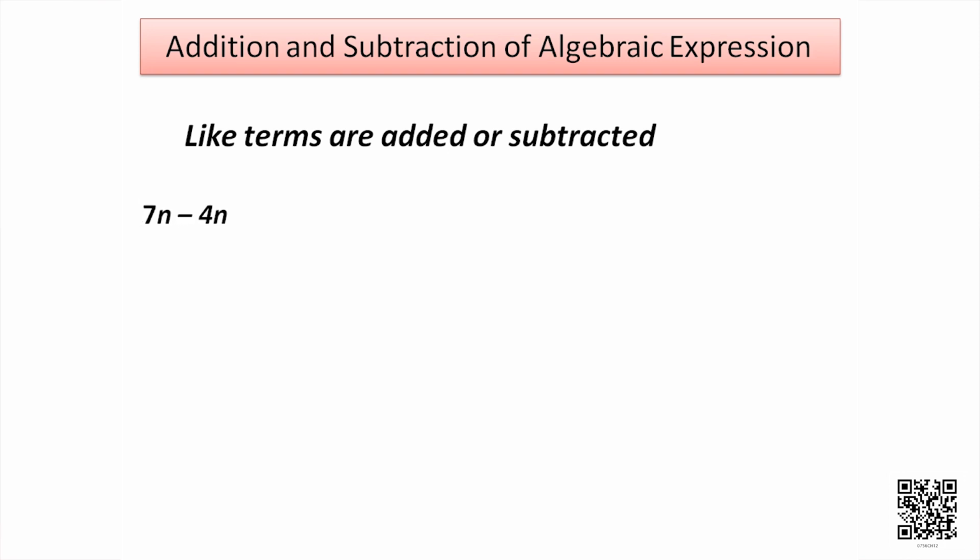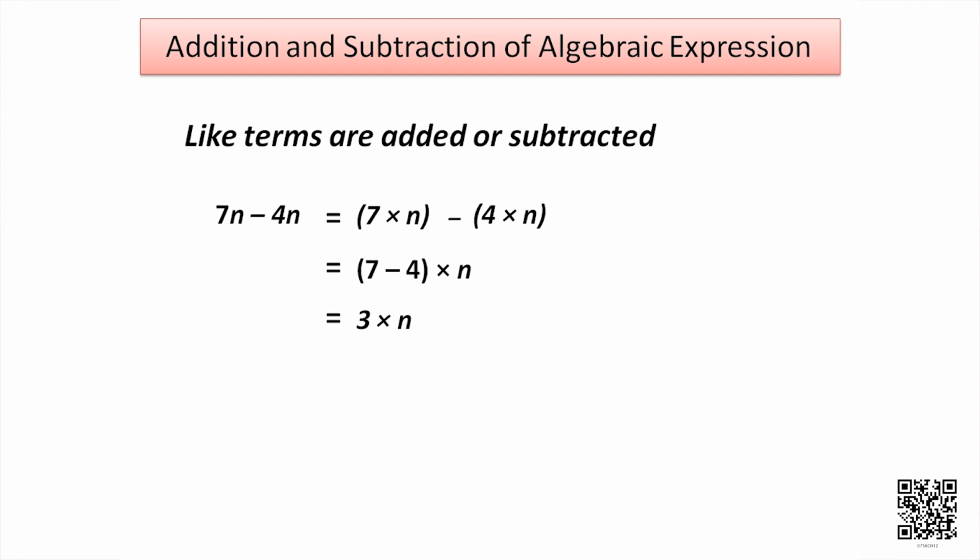We have 7n minus 4n, that is equal to 7 times n minus 4 times n. So what we will do here? We will first take the numerical constants or the constant terms, and then we will write variable. 7 minus 4 times n, that will give you 3 times n, and 3 times n you can write as 3n.